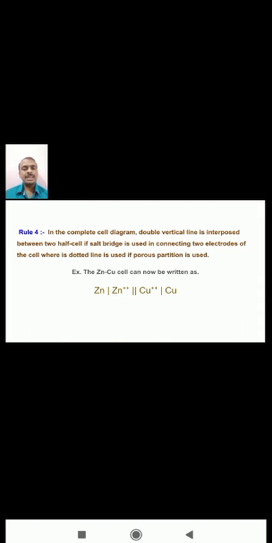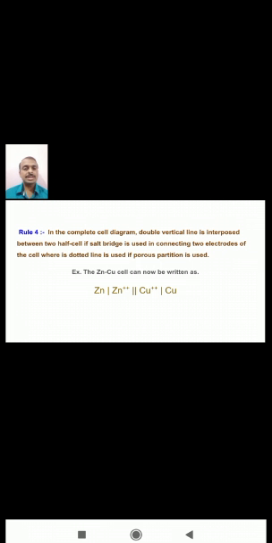Rule number 4: in the complete cell diagram, a double vertical line is interposed between the two half cells if a salt bridge is used in connecting the two electrodes of the cell, whereas a dotted line is used if a porous partition is used.